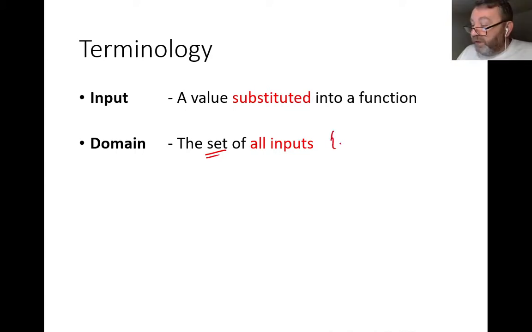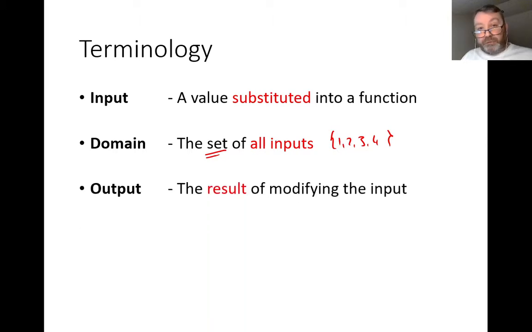So for example, you might have a set of 1, 2, 3, 4, which means that 1, 2, 3, and 4 are about to be placed into this function machine. You then have, obviously, your output. It's what happens after the function has done its job. And the result that comes out as a result of the function doing what it's supposed to do to the input, that is what we call the output.